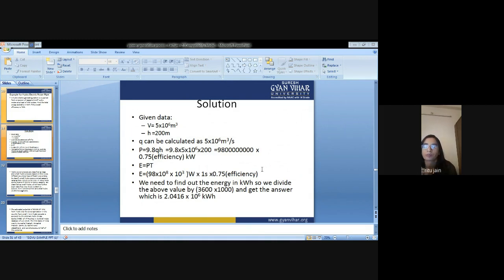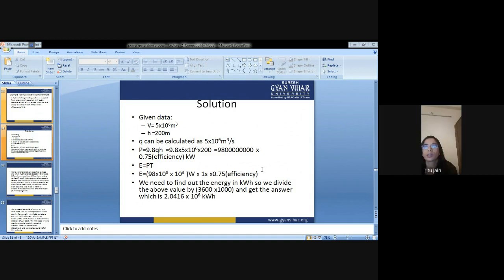Now we come to the solution. The given data is volume and height. Volume is equal to 5 into 10 to the power 6 meter cube and height is 200 meter. You know the formula for a hydroelectric power plant: P is equal to 9.8 QH.